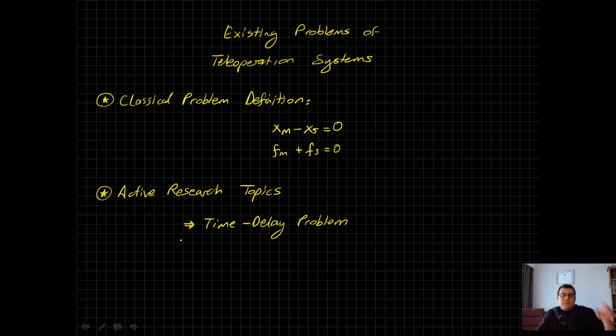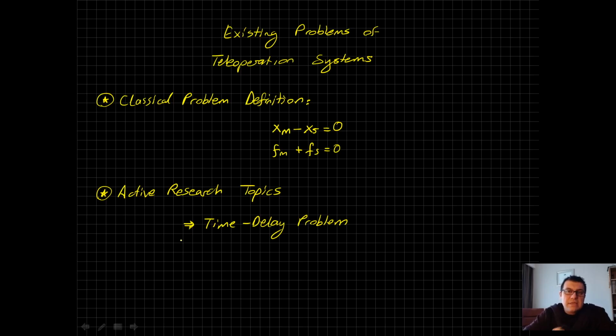Before moving to the next one, let me explain this time delay problem. Time delay exists in motion control systems if there are transmission delays, if there is delay in the perceived signal or the transmission of the input signal. If we're talking about systems that are geographically separated, like a system sitting in Turkey and another one in Japan, of course there will be a certain amount of time delay on the signal transmission between the remote site and the site here.